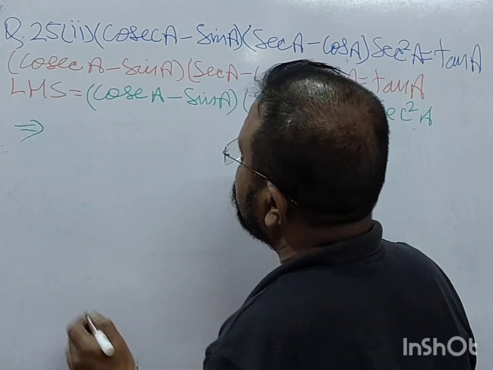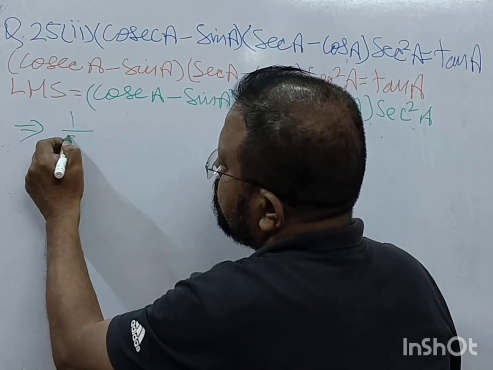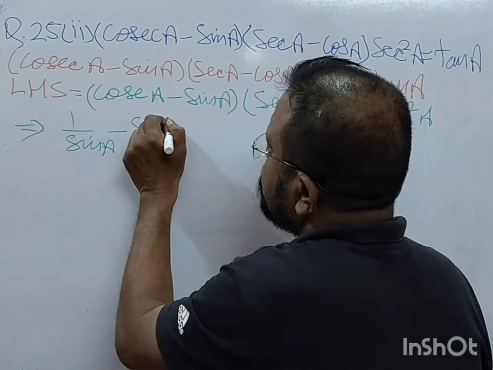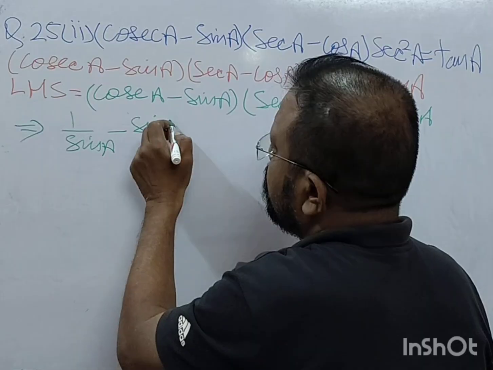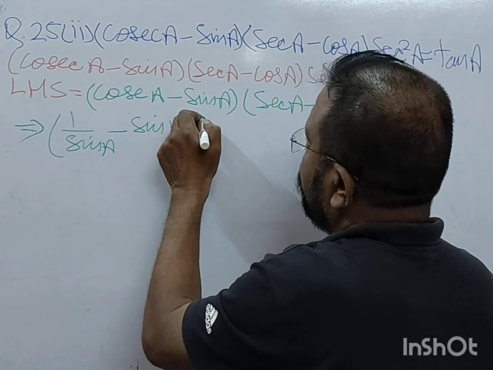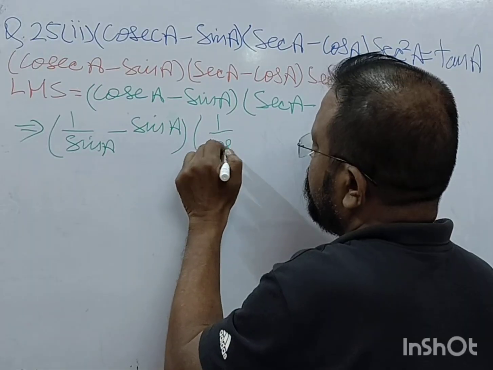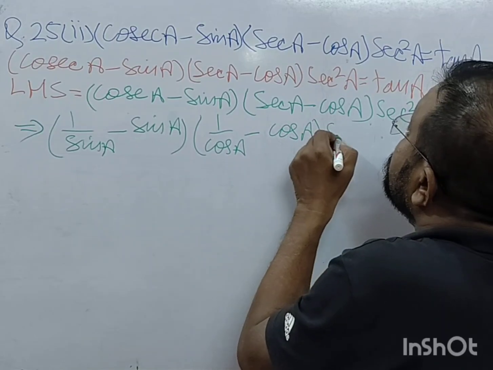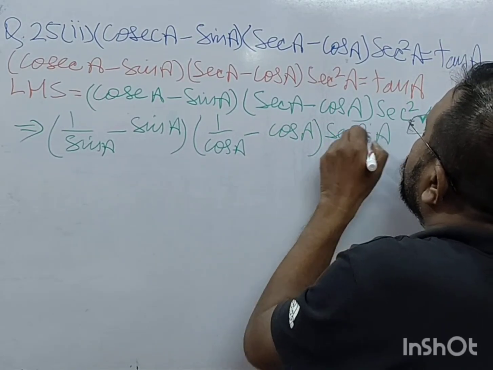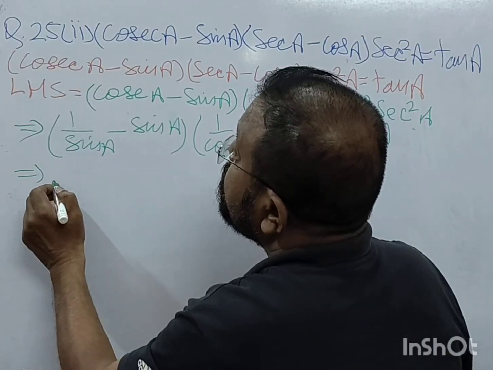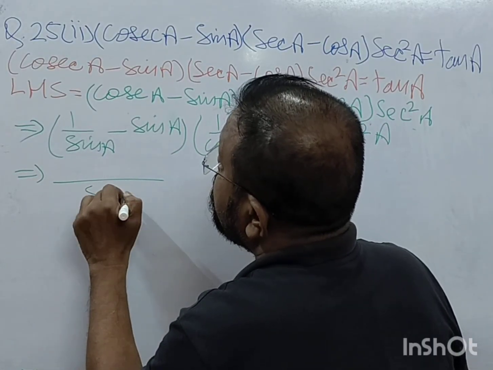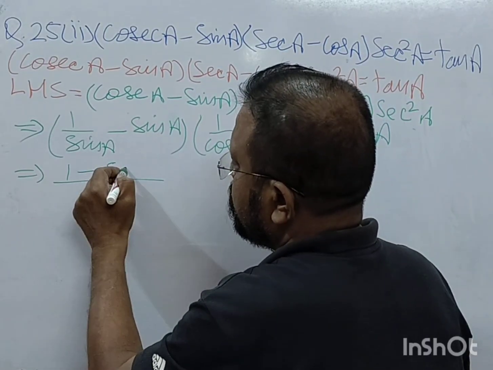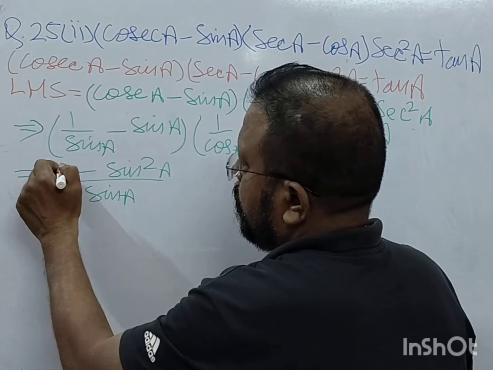So now what you do, this is 1 upon sin A minus sin A, bracket 1 upon cos A minus cos A, and that is sec square A. Now we have taken sin A as common, it becomes 1 minus sin square A, right?